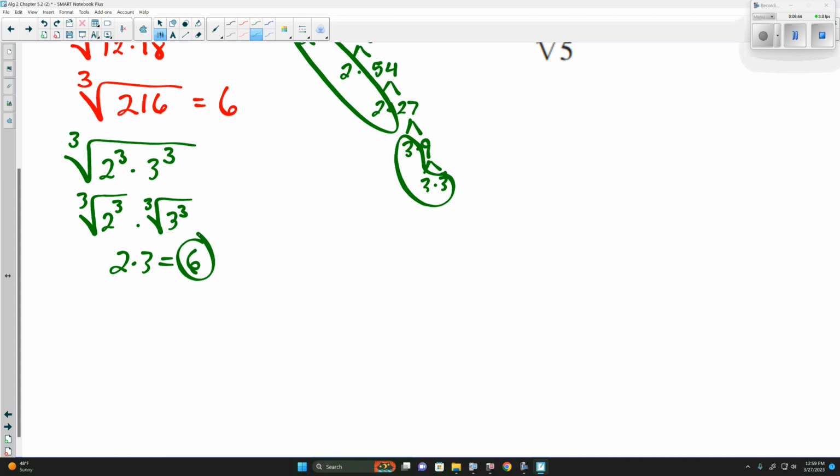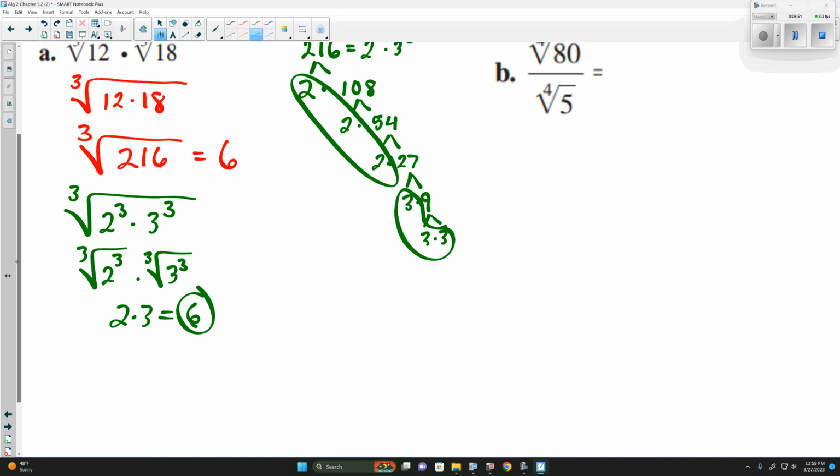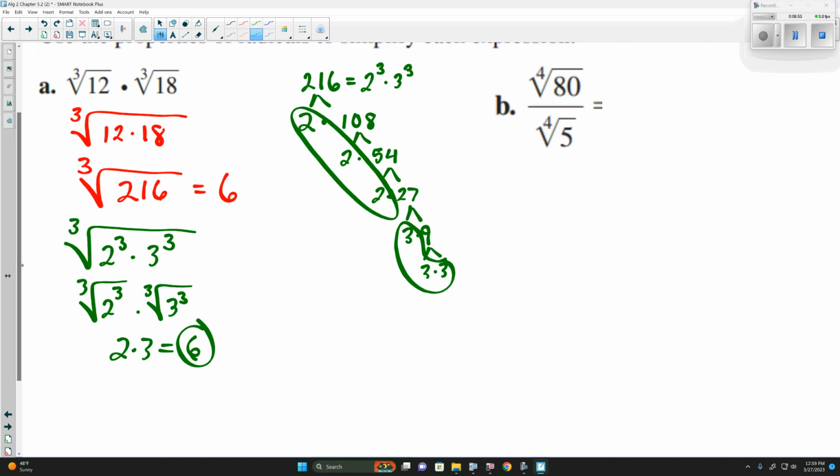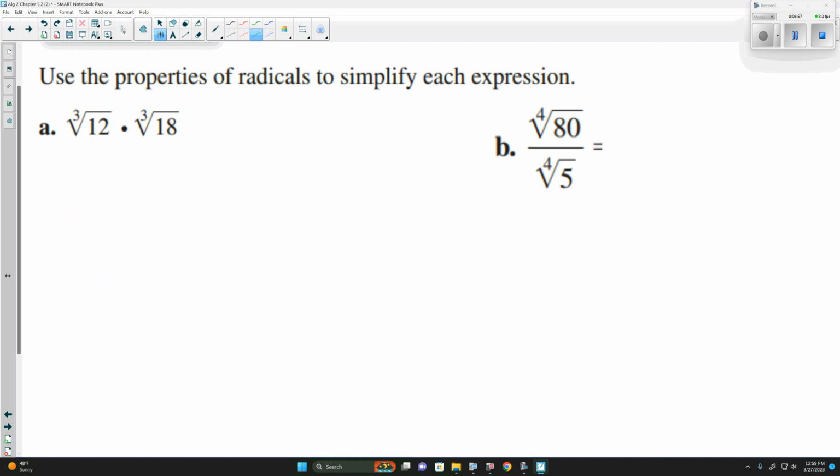Instead of going through all your steps in 216, can you just take the 2 associated with 12 and 18? So 12 is 3 times 2 squared, 3 times 4, cubed root. 18 is going to be 2 times 3 squared.